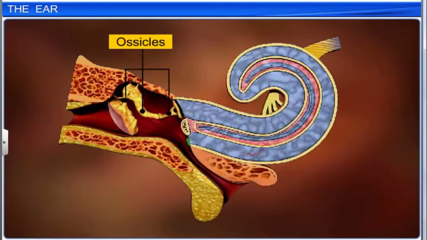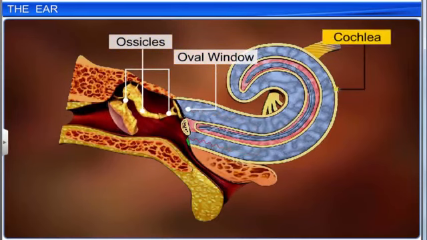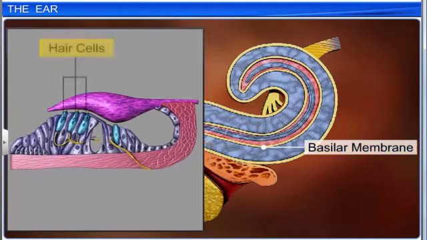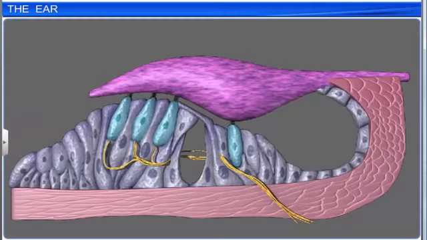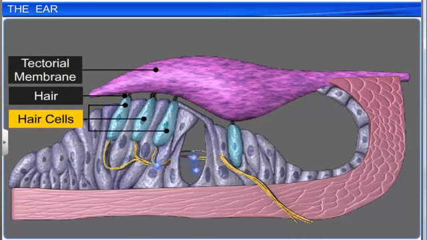The ossicles, in turn, amplify the sound and pass the vibrations through the oval window to the fluid of the cochlea. This generates waves in the lymph that induces a ripple in the basilar membrane. The vibrations of the basilar membrane then bend the hair cells, pressing them against the tectorial membrane. The hairs move back and forth against the tectorial membrane, which stimulates the hair cells or receptor cells.